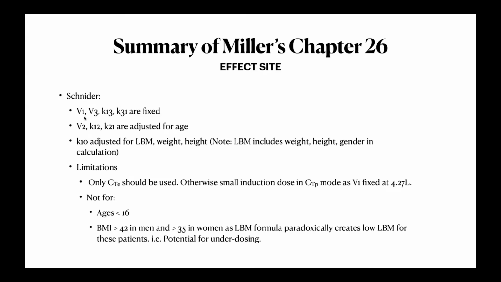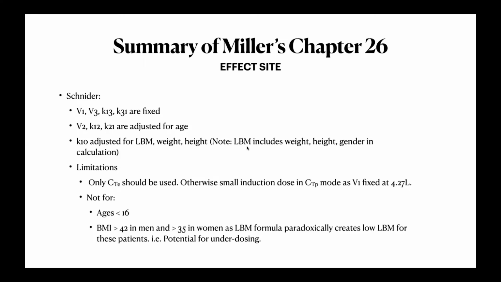With Schneider, V1, V3, and the rate constants from V1, V3, so K13 and K31, are all fixed. V2 is adjusted for age, and so K12 and K21 are also adjusted for age. K10, which is your elimination rate constant from the central compartment, is adjusted for lean body mass, weight, and height.